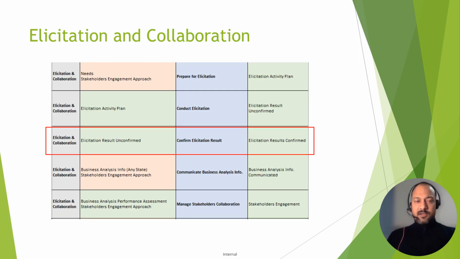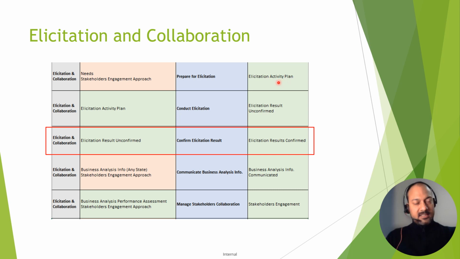Here you can see that in the elicitation and collaboration knowledge area, we have these five activities that the business analyst has to perform. Today we will discuss confirm elicitation result. From the first activity, we get the output, which is the elicitation activity plan.